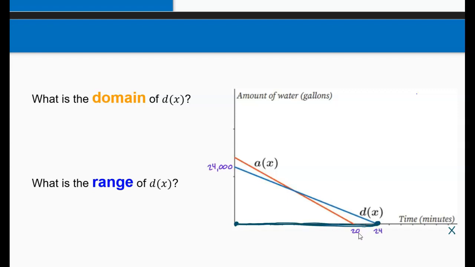So if we think of this as an interval, like a number line, we start at 0, we end at 24. So we write that like this, 0, 24, and then we decide whether we include those ends or not. There was an amount at time 0, so that is a point, that is included, a closed dot there. And then at 24 minutes, the gallons were 0. There were 0 gallons in the pool.